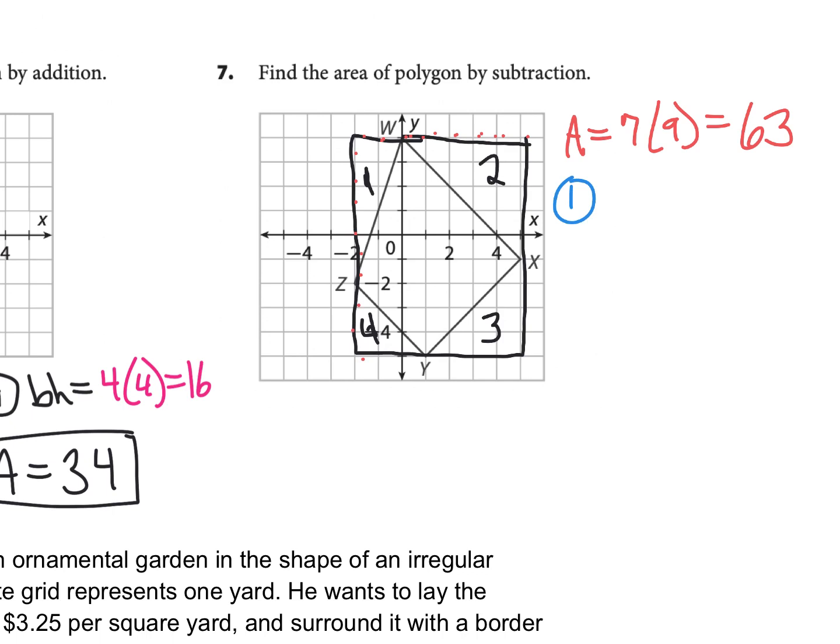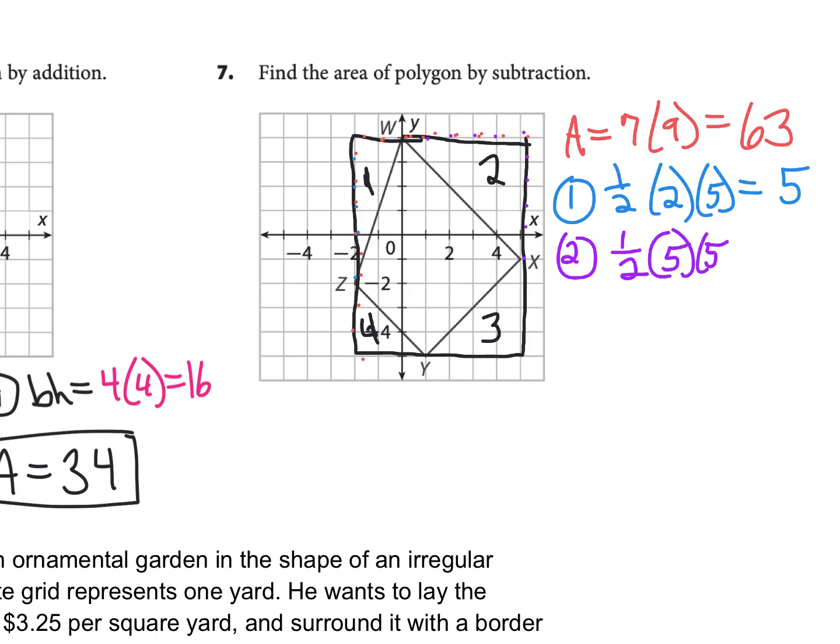So number 1, it's a triangle. 1/2 base times 1, 2, 3, 4, 5, which is 5. Number 2, also a triangle, so 1/2, 1, 2, 3, 4, 5, 1, 2, 3, 4, 5. 1/2 of 25 is 12.5.